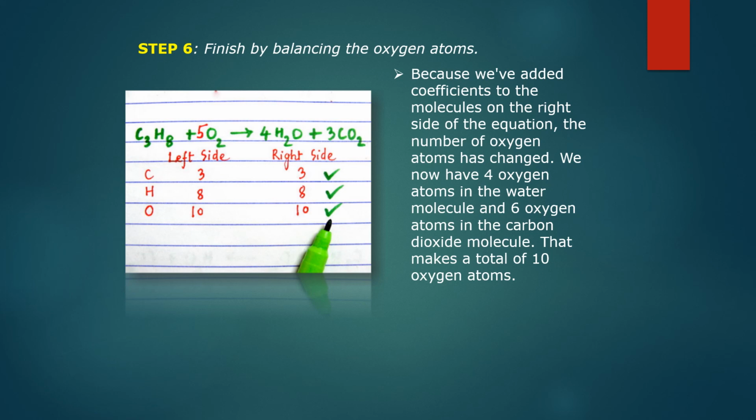So we have to add a coefficient of 5 on the left hand side to make it 10 on both sides. This way all the atoms are getting balanced. Carbon is 3 and 3, hydrogen is 8 and 8, oxygen is 10 and 10.